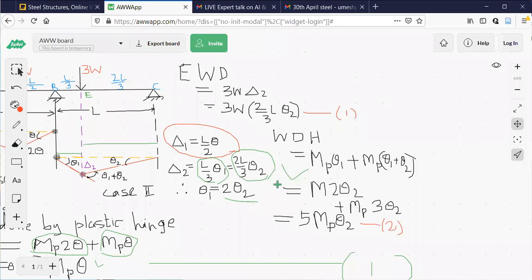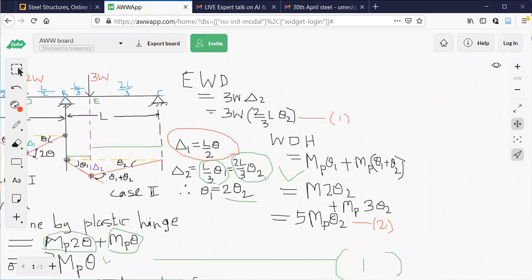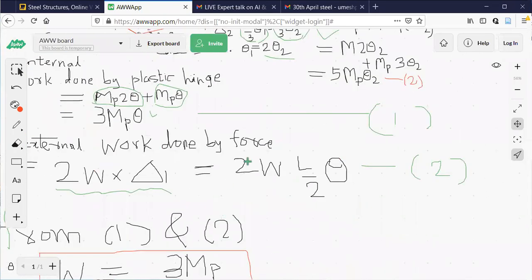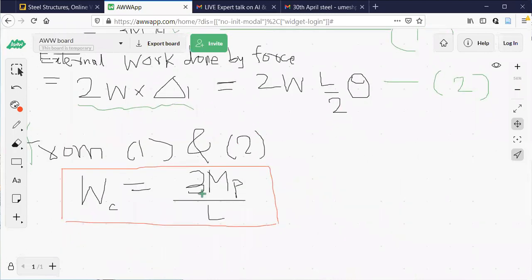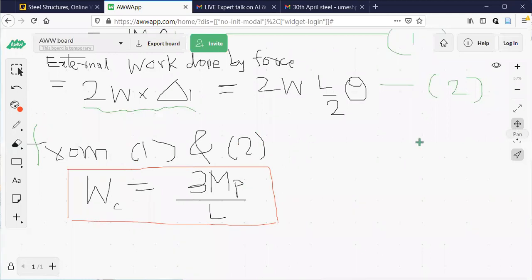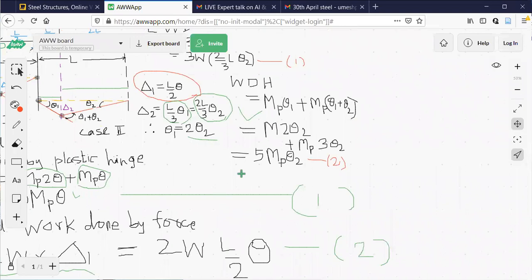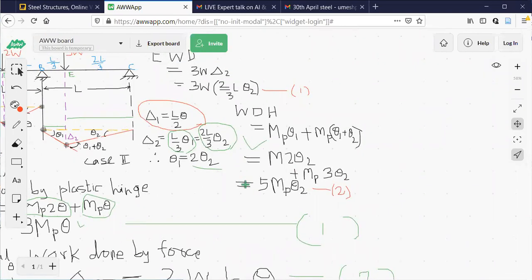It should be in terms of MP by L. Just the way you can see here. A constant into MP by L it should be. Is it 2.5 or what? 2.5 MP by L or what it is? Yes, sir. 2.5 MP by L.